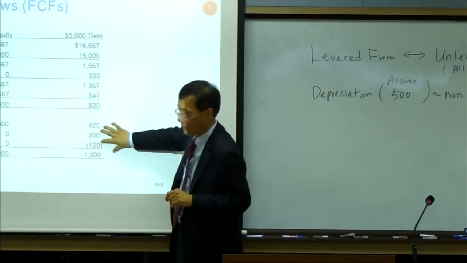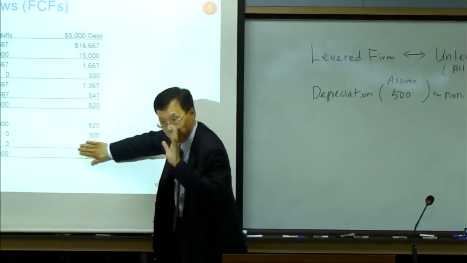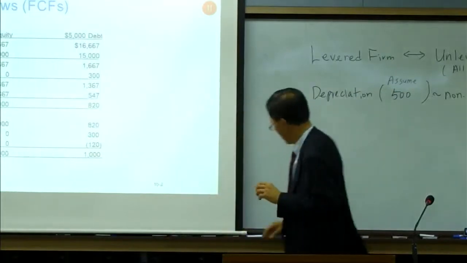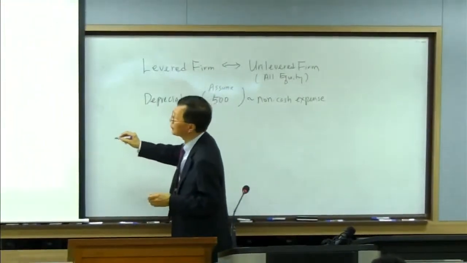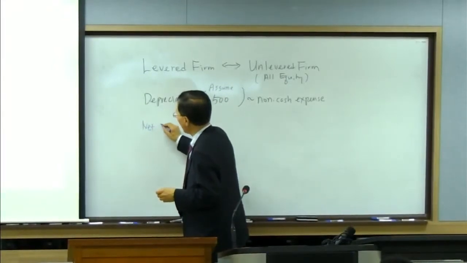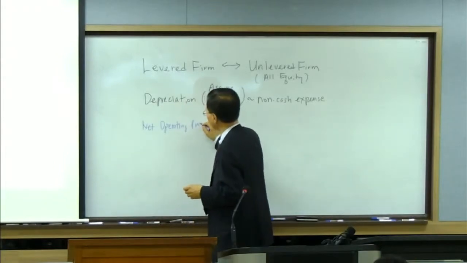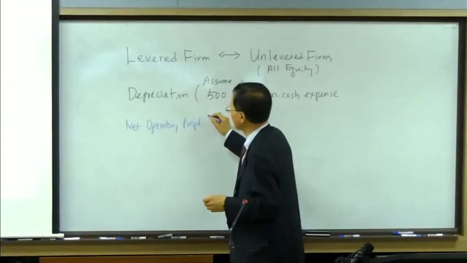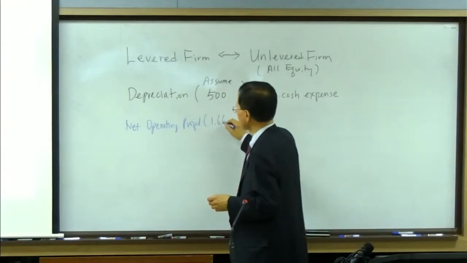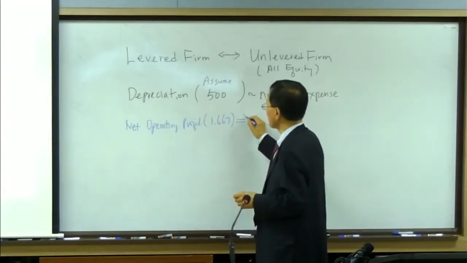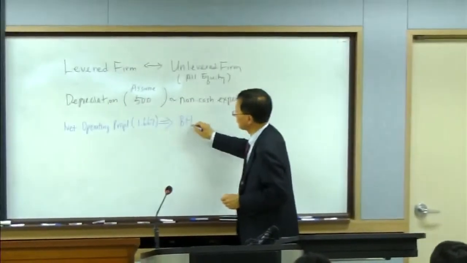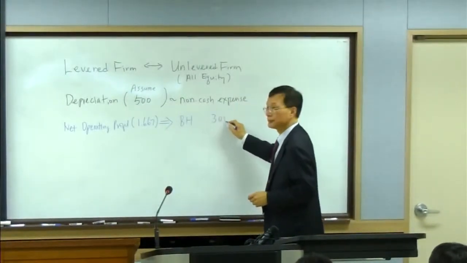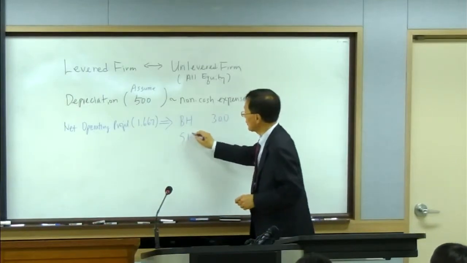Look at this very carefully. Forget this for the time being. Okay, 1,120. So here is net operating profit of 1,667. These are distributed to bondholders, 300, right? And to shareholders, 820.